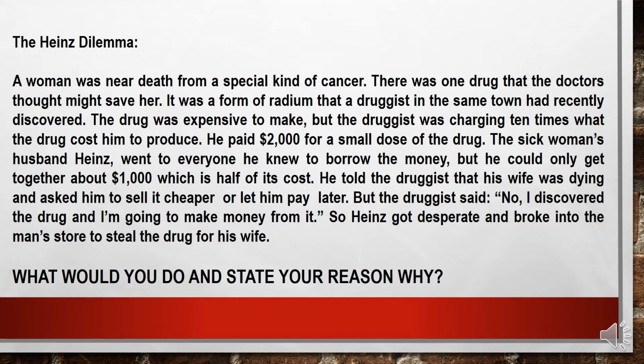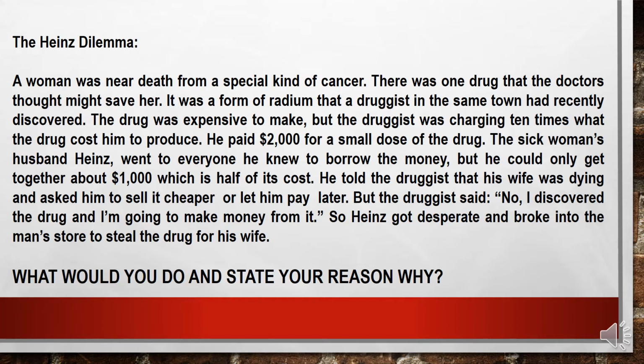The sick woman's husband, Heinz, went to everyone he knew to borrow the money, but he could only get together about $1,000, which is half of its cost. He told the druggist that his wife was dying and asked him to sell it cheaper or let him pay later. But the druggist said, "No, I discovered the drug and I am going to make money from it."